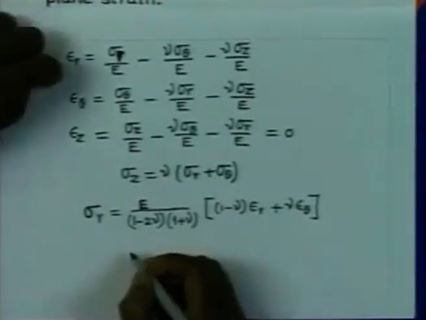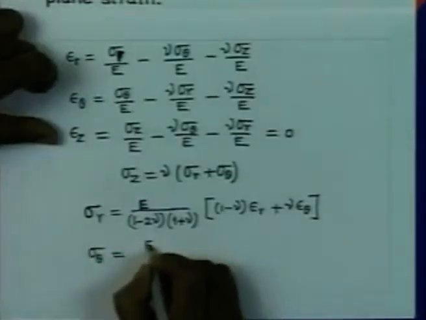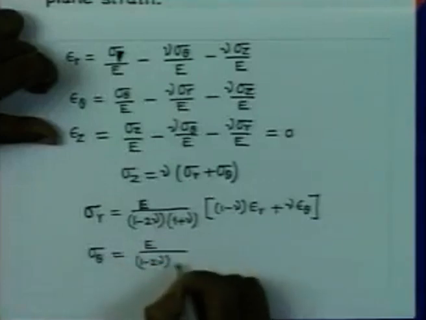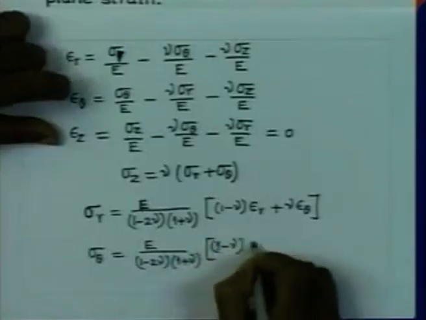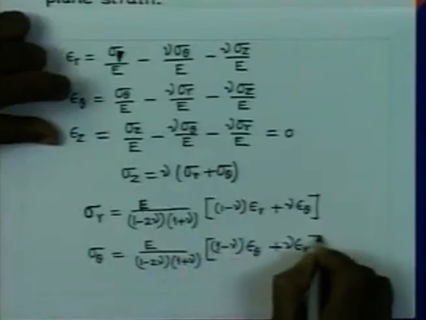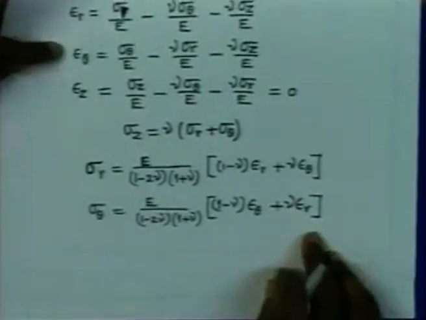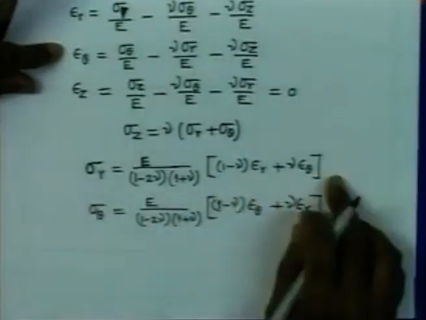Similarly, if you calculate sigma theta, it is going to be E by (1 minus 2 nu)(1 plus nu) into [(1 minus nu) into epsilon theta plus nu times epsilon r]. So, the stresses in terms of the strains are given here.